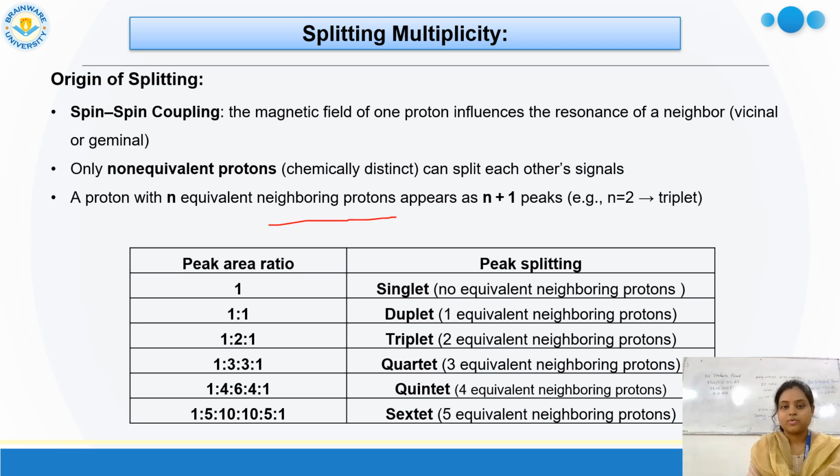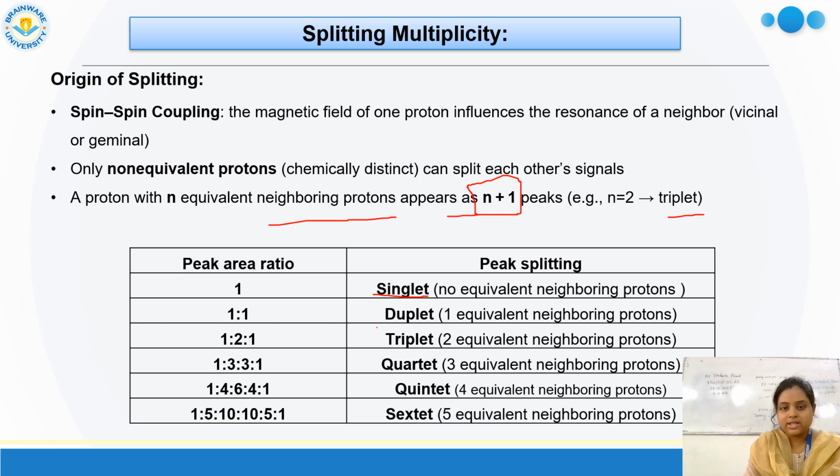protons. If there are two chemically equivalent neighboring protons, we get n plus 1, that means 2 plus 1, 3 peaks, which is a triplet. If we get only one single line, it is a singlet, with no equivalent neighboring protons.